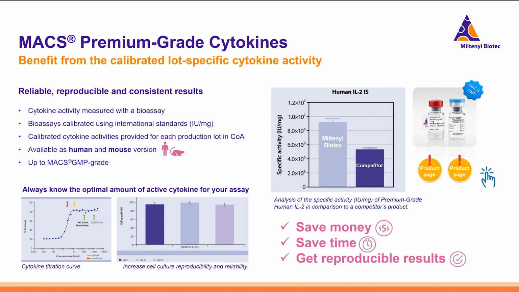As you can see in the graph in the middle, all this results in consistently higher cytokine activity when compared to non-calibrated competitors. For those working with clinical research, the lot-specific activity is of course also provided for all MACS GMP cytokines. MACS GMP cytokines additionally feature extensive documentation, lowest endotoxin content, and highest purity, ideal for relevant preclinical studies and easy translation into clinics.